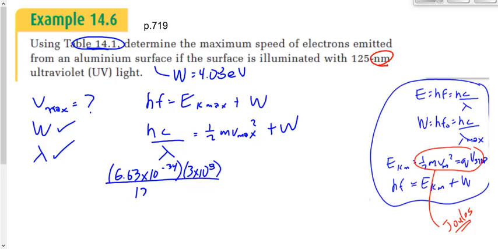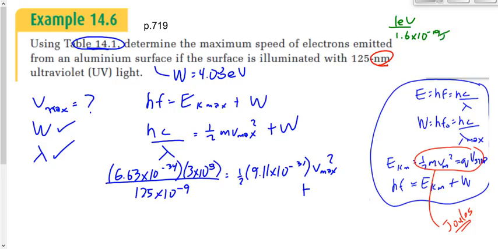Lambda is 125 times 10 to the minus 9. Mass is the mass of the electron because it's what's ejected, right? And the work function, work functions are in electron volts, so what do we have to do? We have to convert that. 1 eV is 1.6 times 10 to the minus 19 joules, so 4.08 eV equals X joules.